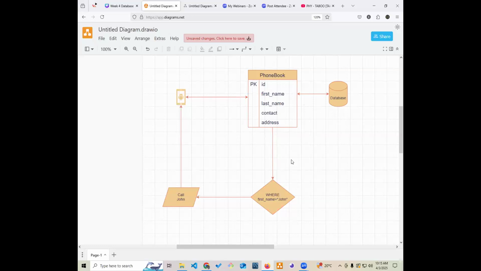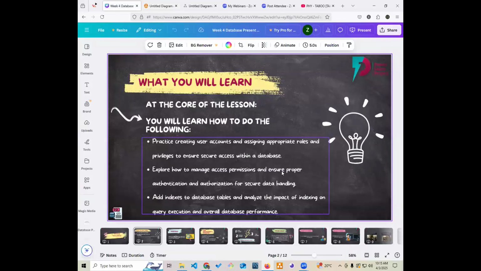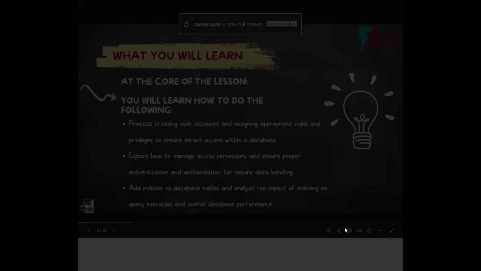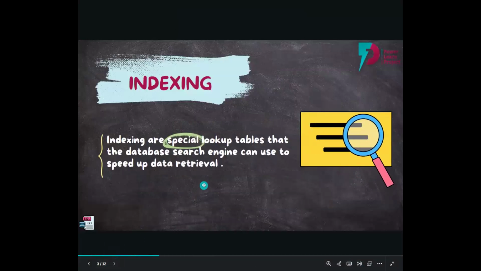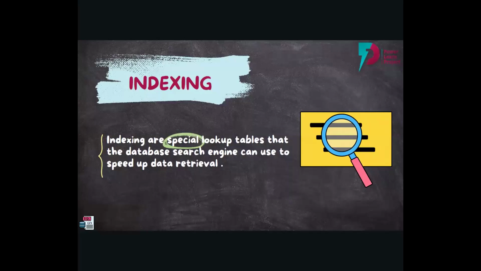So what exactly is an index? An index, or indexing, is a special lookup table that the database search engine can use to speed up data retrieval.